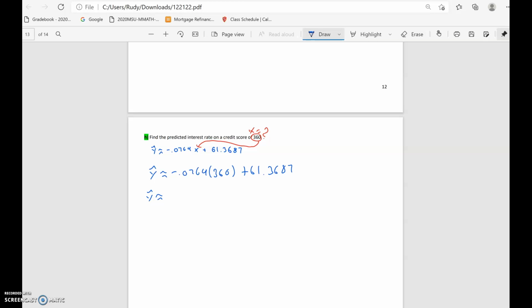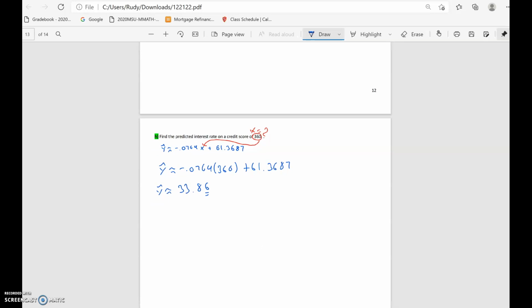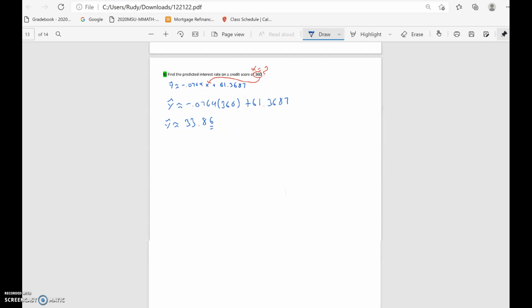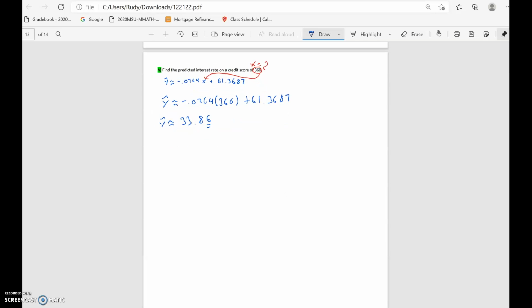And I'm getting 33.86 rounding to two decimal places, but let me double check the calculation. Negative 0.0764 times 360 plus 61.3687. Yep. Okay, so let me write it as a sentence.